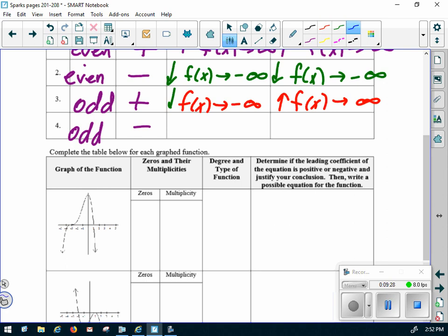What do you think? So f of x approaches infinity. Any questions there? I didn't think so. All right, let me stop here.